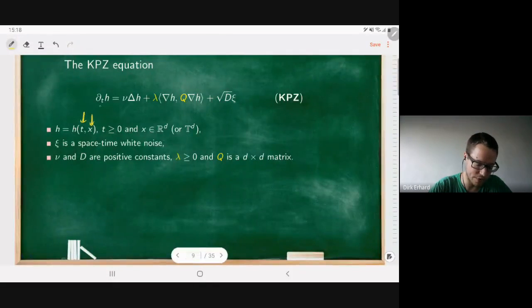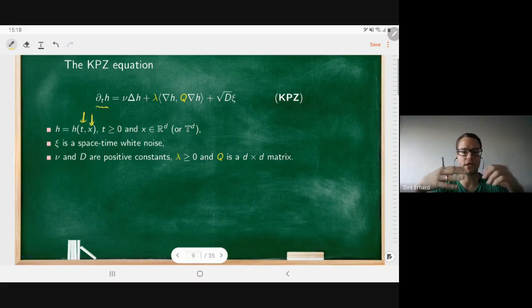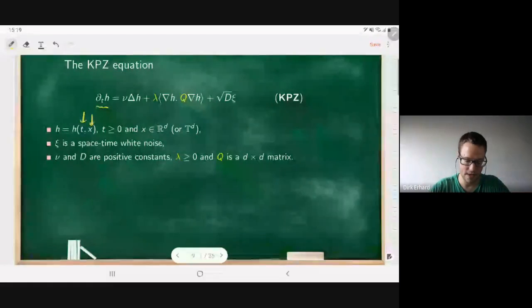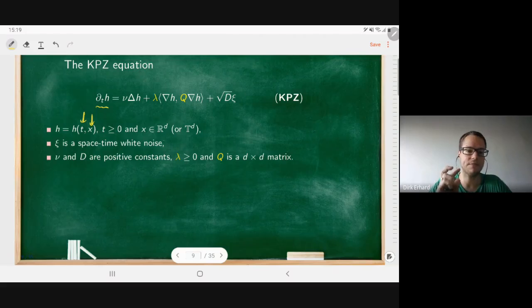Well, on the left-hand side, we have the time derivative, right? So we want to quantify how this function h changes in time when we change t by a tiny little bit. And what it says is that the rate of change in time is given by the sum of 3 terms. We have the Laplacian term, we have a noise term, and we have a non-linearity.